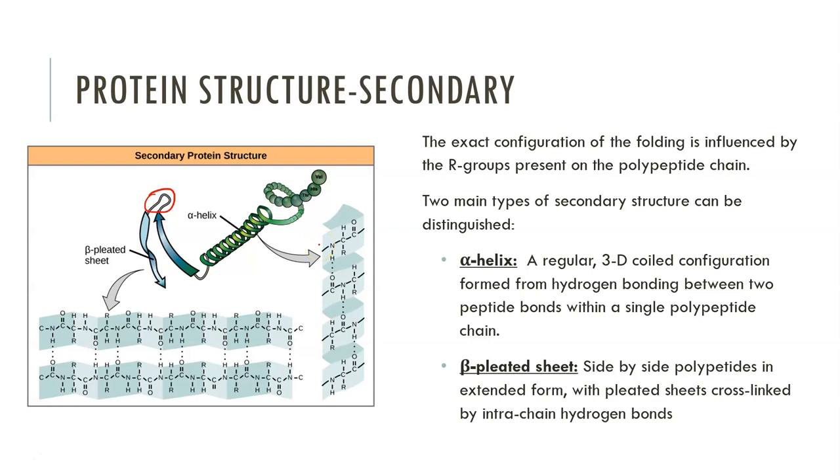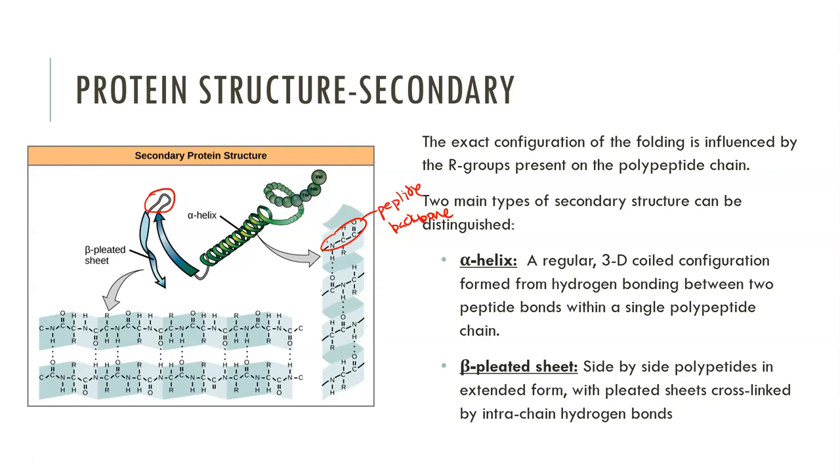These are occurred by bonding along the peptide backbone. Okay, so this here is our peptide backbone. This is where we get the amide bonds forming, and then the hydrogen bondings between those to give rise to our secondary structure.